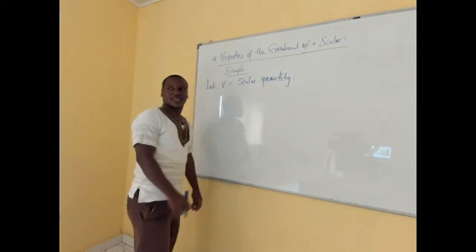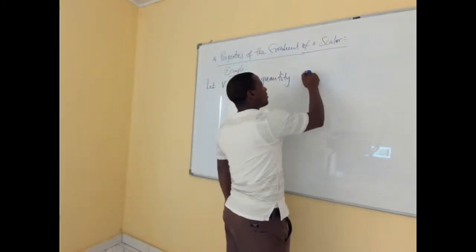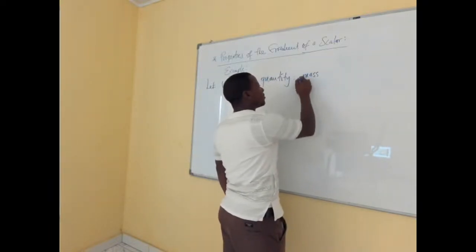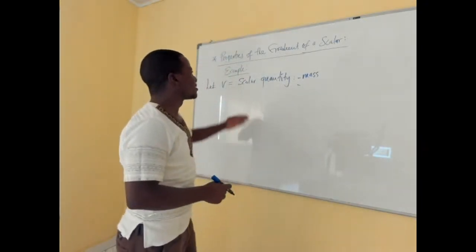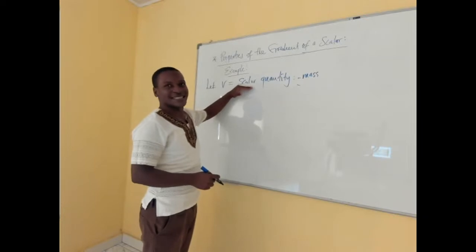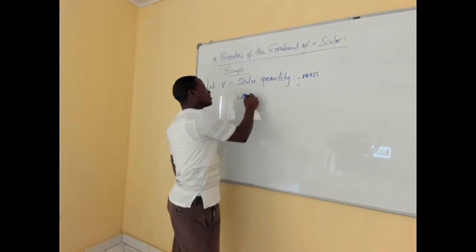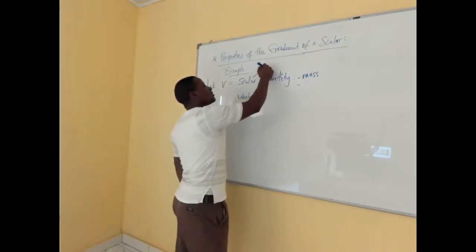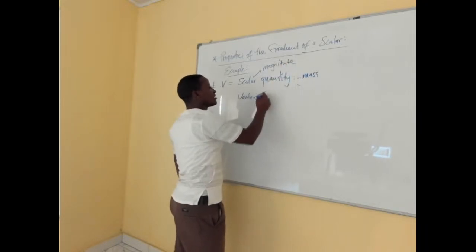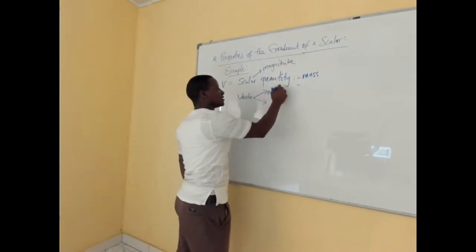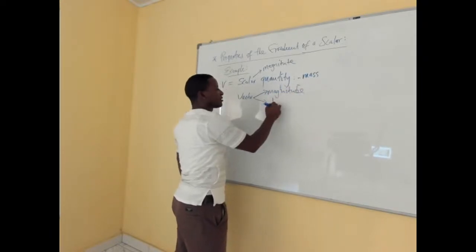Here, by a scalar quantity, we mean things like mass, for example. You know that there are what are called scalar quantities and what are called vector quantities. A scalar only has magnitude, and a vector has magnitude and what? Magnitude and direction.